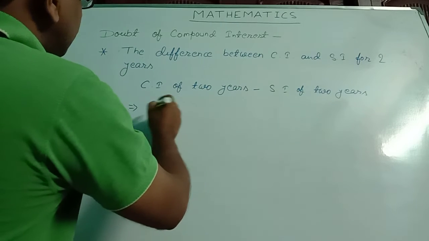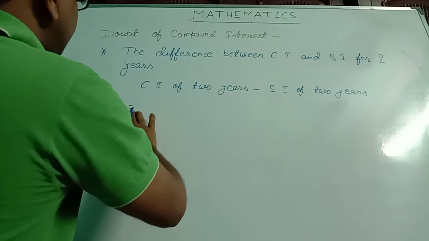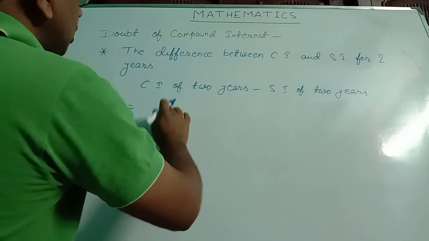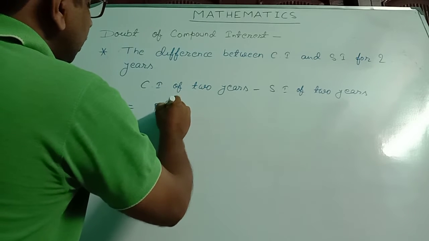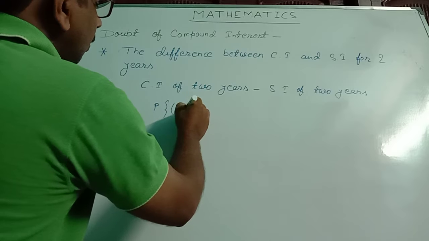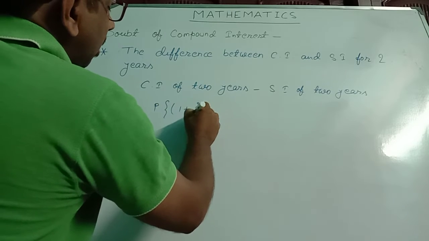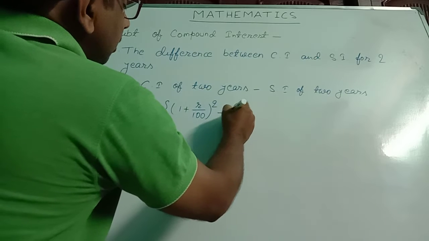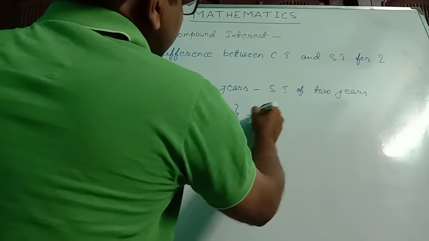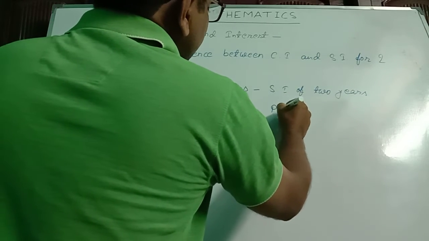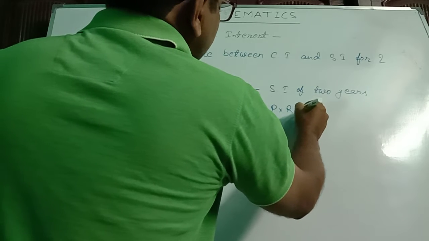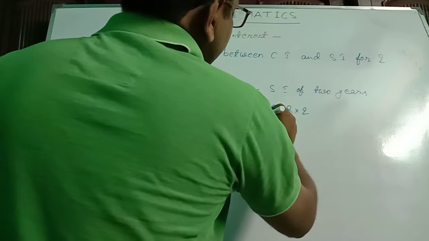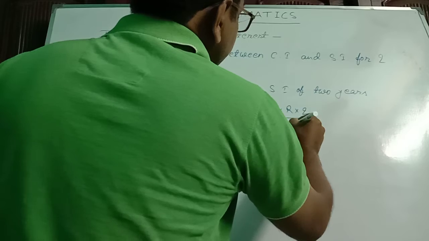Here we can write CI of 2 years equal to P into (1 plus R by 100) to the power n, minus 1, and here we will write P into R into T by 100.